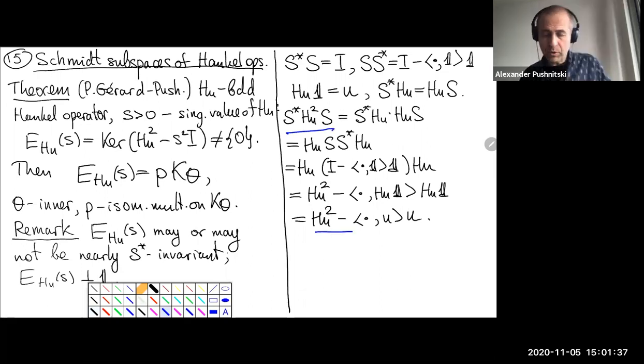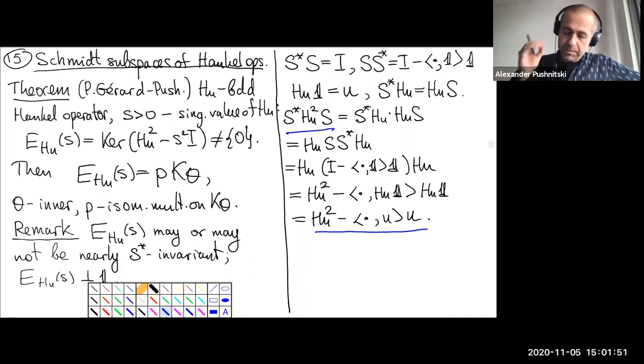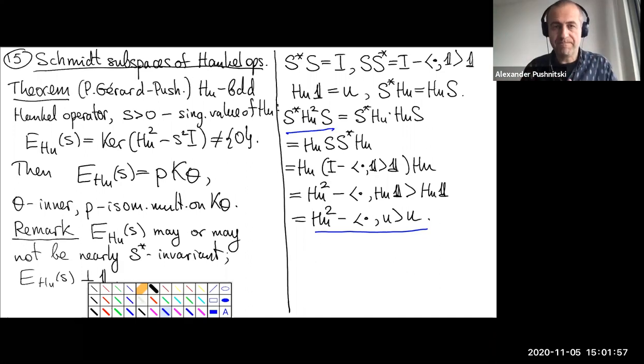So here I want to pause and make one important remark, that in this theory, it is very important that the symbol of the Hankel operator appears not just as some sort of separate element from L infinity or H infinity, but it appears as an element of the Hardy class, as an element of our Hilbert space on which HU acts.